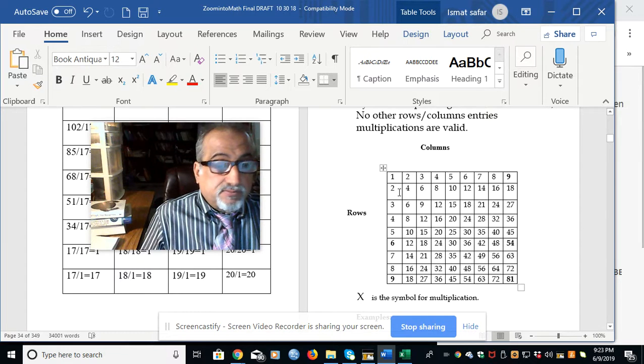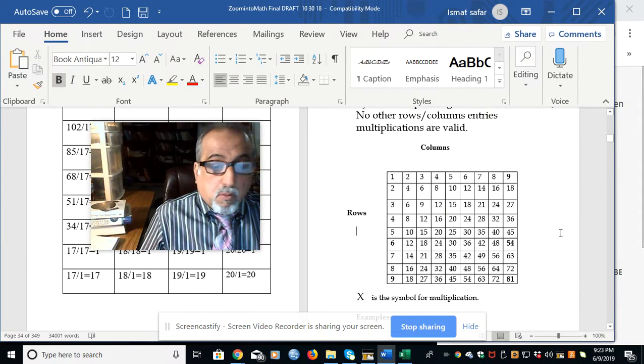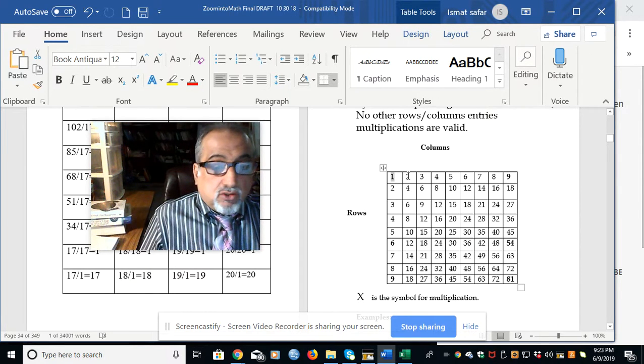You see? 1 times 2 is 2. This 2 here times this 2 here equals 4. 3 times 2 here is 6. You see it?